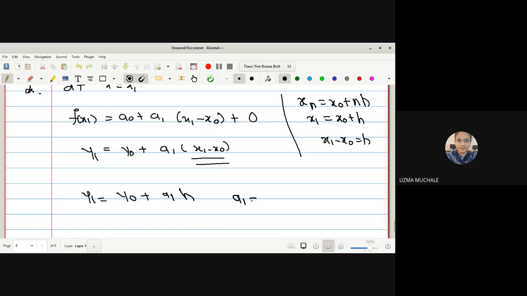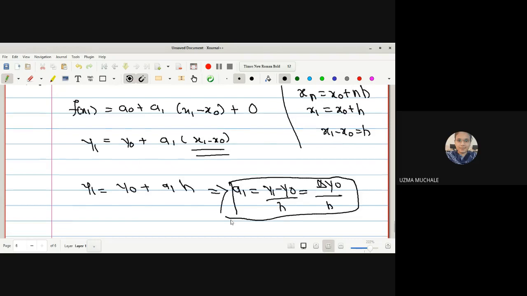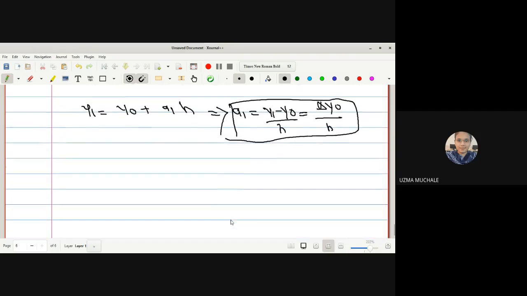And hence we get a1 equal to, what will be the value of a1 from this? It is y1 minus y0 divided by h, which is equal to, what is y1 minus y0? It is the forward difference operator of y0, and hence we have found the value of a1 also, right?